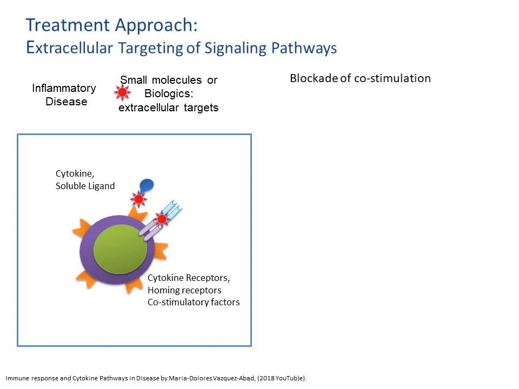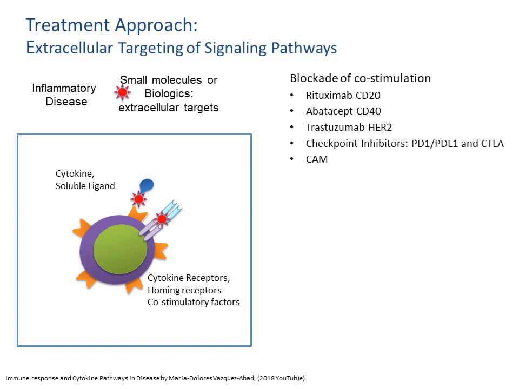So we can block the co-stimulatory factors, and there's several examples of interfering with the co-stimulation that has been successful. Rituximab, that blocks the CD20 receptor on the B cells, abatacept, CD40 in T cells, trastuzumab with the HER2 in breast cancer cells, and then the checkpoint inhibitors that are very interesting.